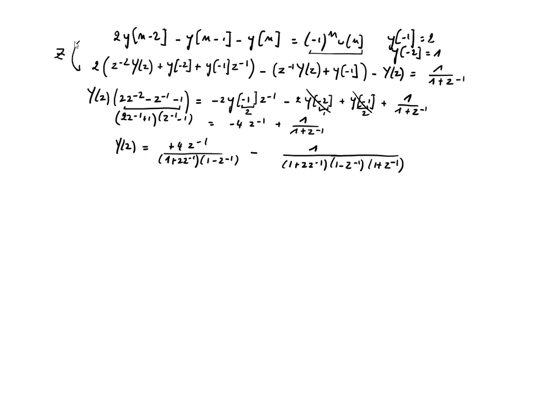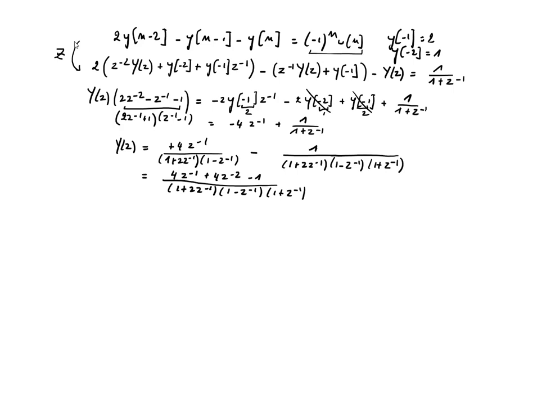Okay, so what we can do is put it under the same denominator. What you could do is take the partial fraction expansion of this one and of this one. This time I chose to put it all under the same denominator, and you'll end up with minus 1 over 1 plus 2z^-1, 1 minus z^-1, and 1 plus z^-1.